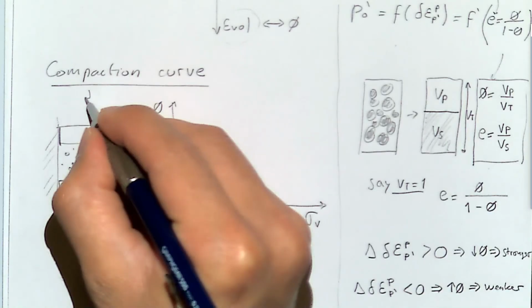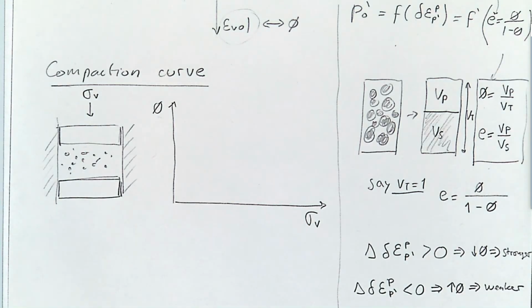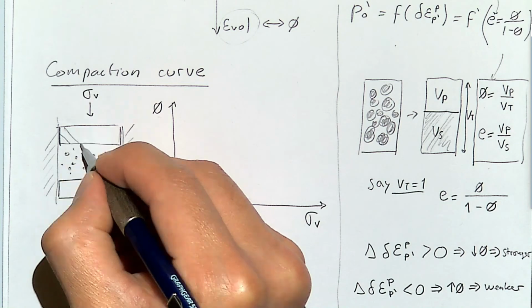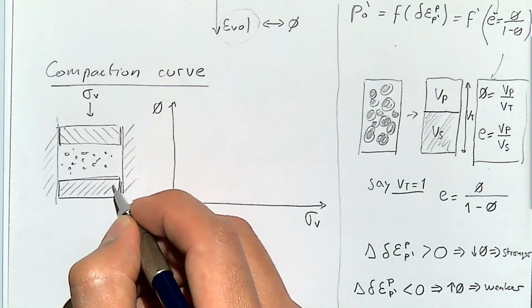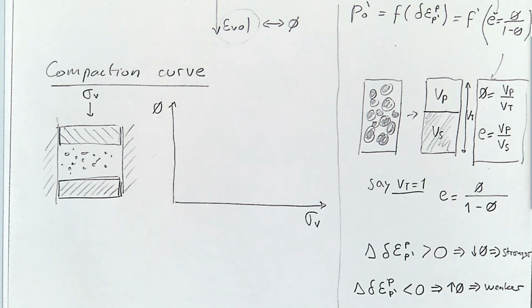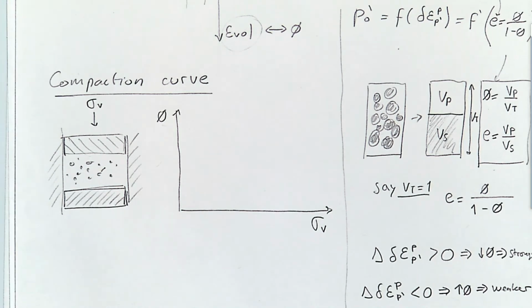Here we apply stress, and if this is a brine saturated rock, what do you think we should do in order to make that rock compact?